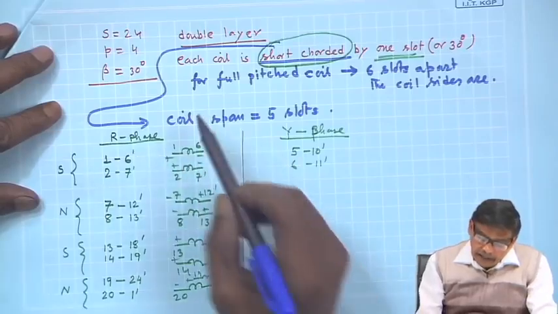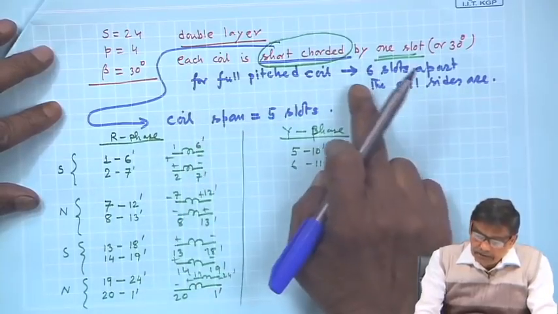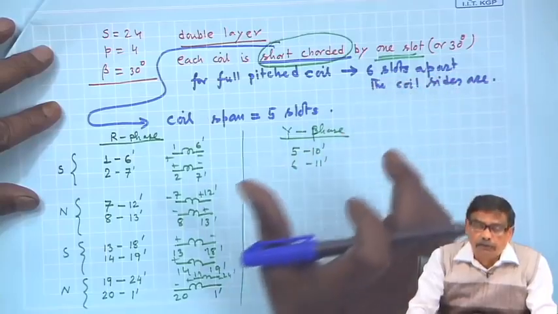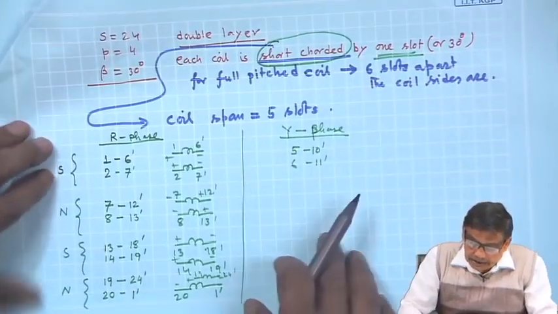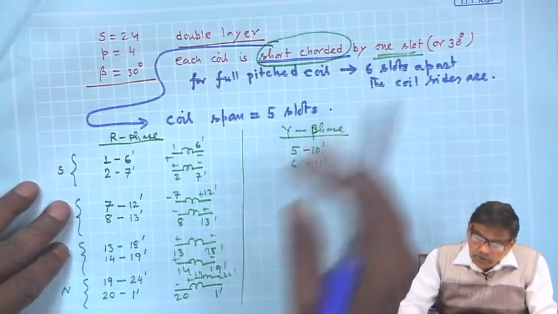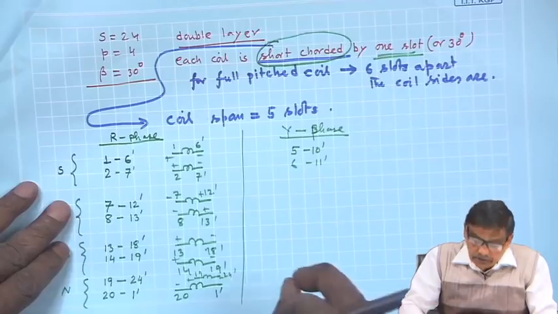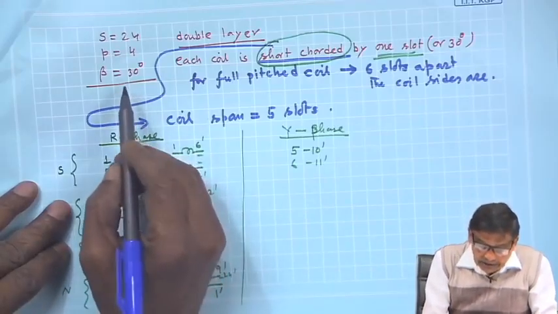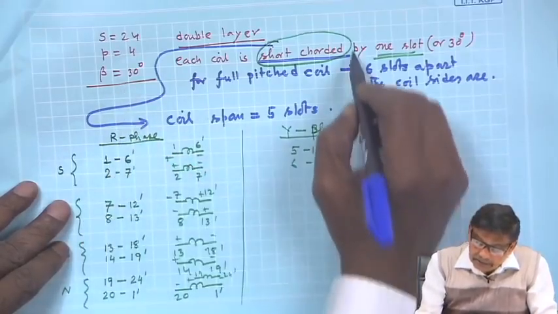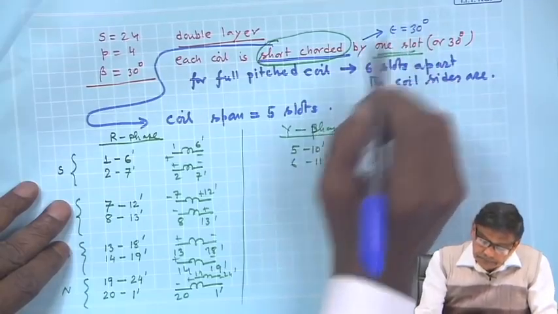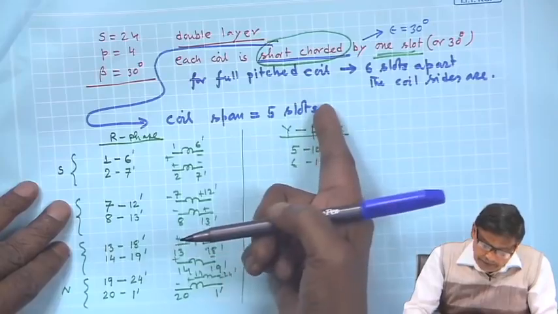If it is a full pitched coil, then obviously 6 slots will be the coil span, or 180 degree electrical, but I have been told to make a winding which is short pitched by 1 slot, that is by 30 degree, which means epsilon is 30 degree and the coil span is 5 slots.